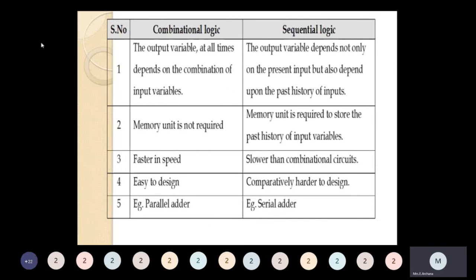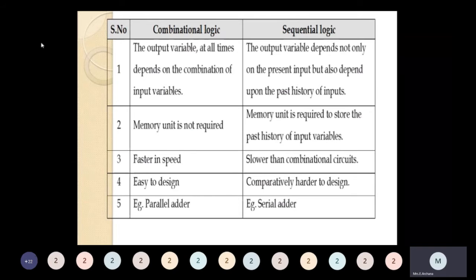Let me see the difference between combinational logic and sequential logic. In combinational logic, the output at all times depends on the present combination of input variables. In sequential, the output depends not only on present input but also on the past history of inputs.